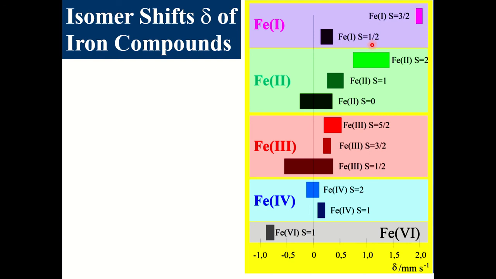We have already discussed how the bonding situation, even in the same oxidation state, will alter the isomer shift. So for one oxidation state, we can have a range of isomer shift values. For example, this is the Fe2+ part that we were discussing.